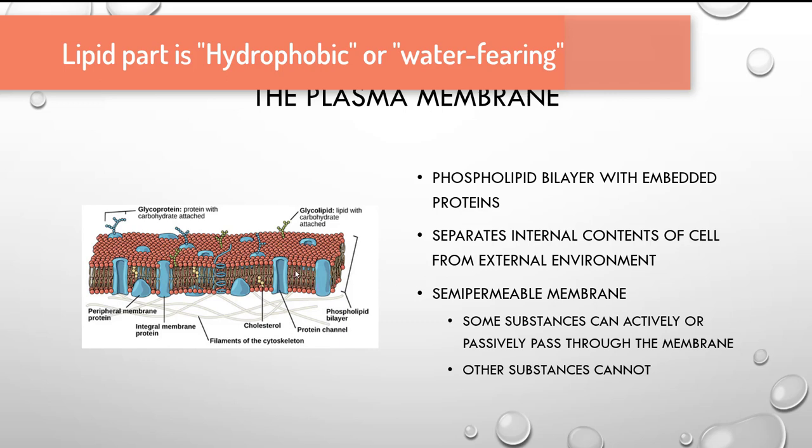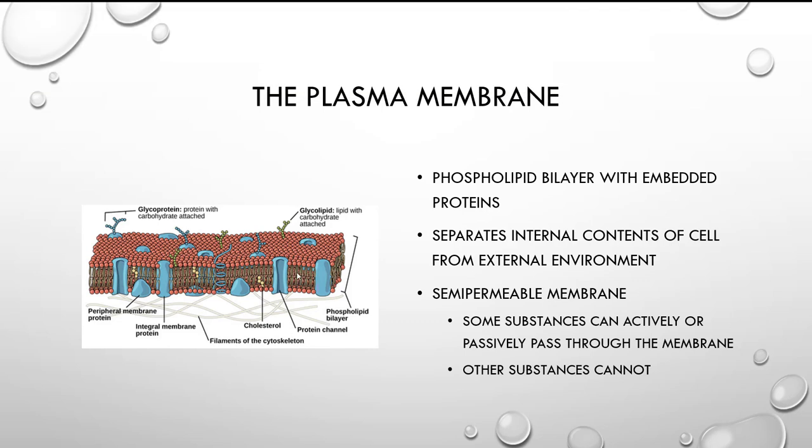So they're hydrophobic. Phobic means fearing. The lipid part, the little tails, face inward toward each other and they don't like water. So part of the phospholipid bilayer is water loving and the middle layer is water fearing. That's kind of interesting how it's set up, and we'll talk about why it's like that in a later unit.